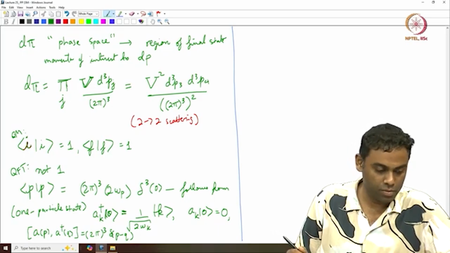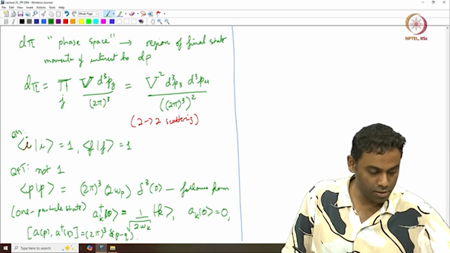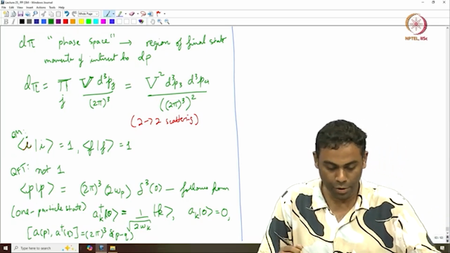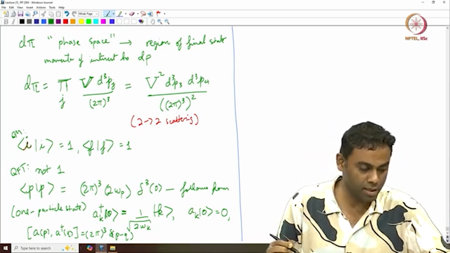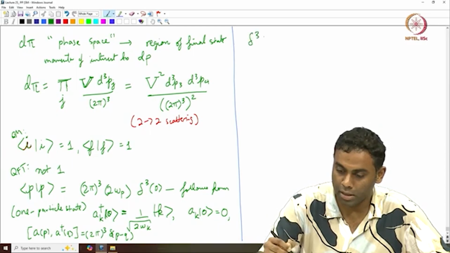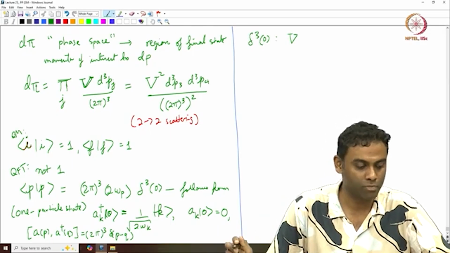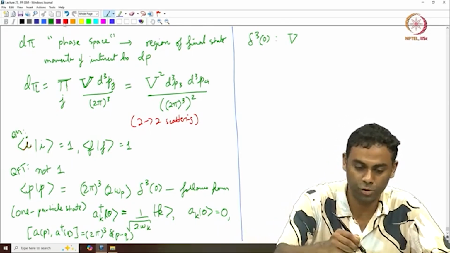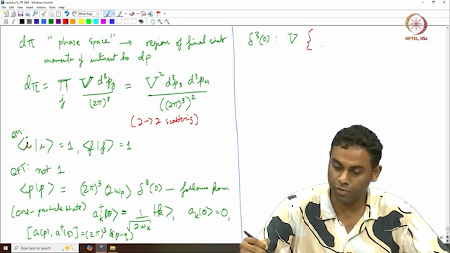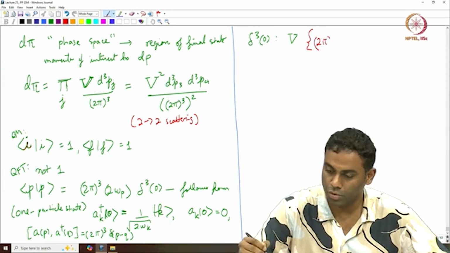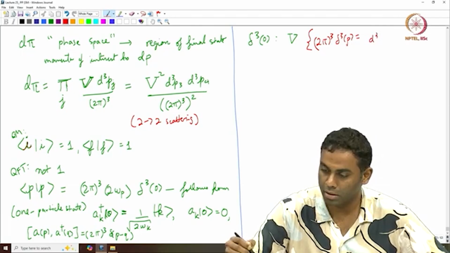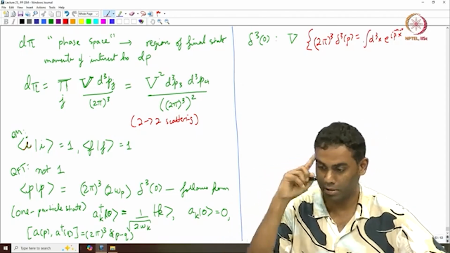So put all this together and make use of the fact that, like before, this delta cube 0 is nothing but the volume. Remember how that came about? I'll just quickly remind you. That came about from the fact that we know this is true: if I take some momentum, that's nothing but the Fourier transform of 1, right.